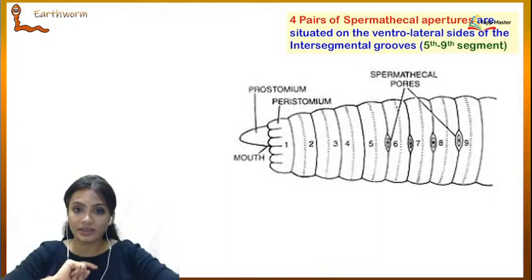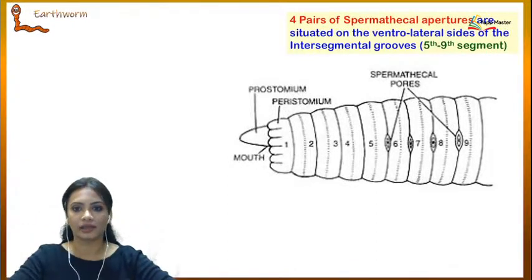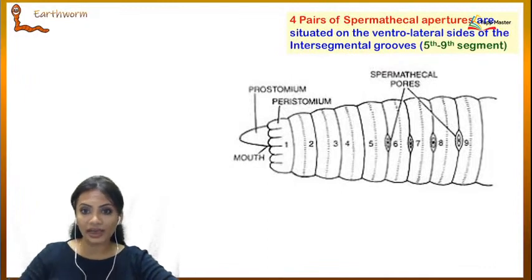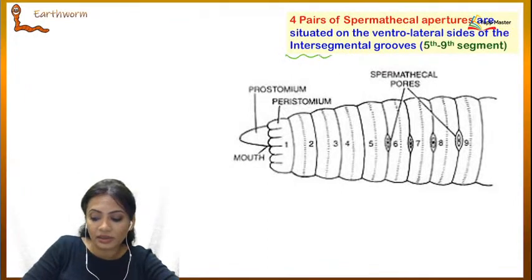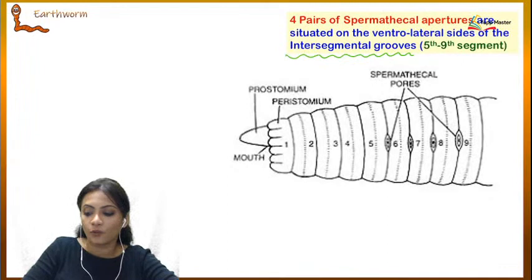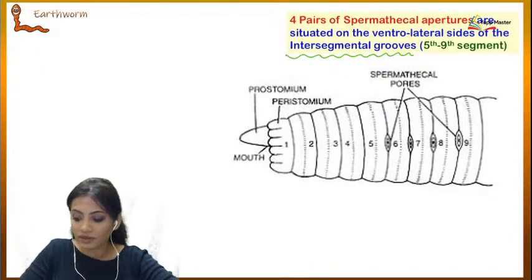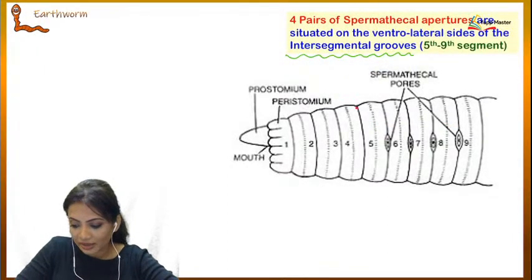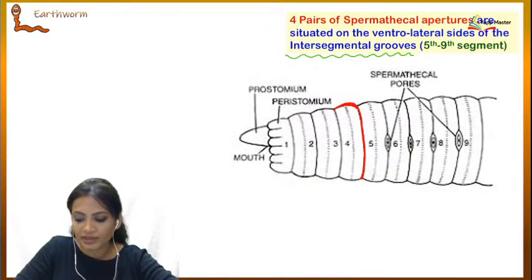Now let us see which segments they are found in. These are found in the intersegmental grooves. What do you mean by intersegmental grooves? You can see here that this is a segment. This is another segment.